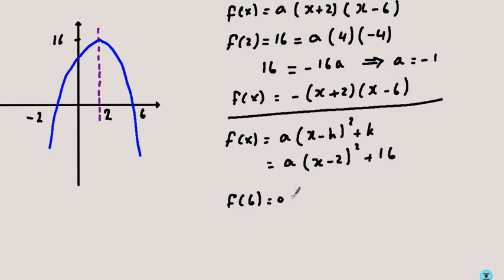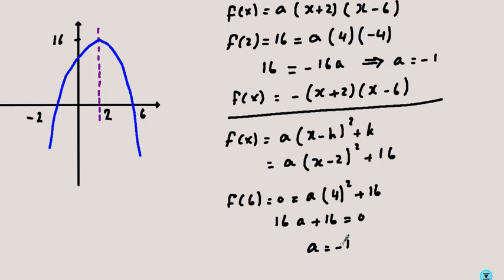So substituting 6 for x, we get a times 6 minus 2 is 4 squared plus 16. So this is 16a plus 16 equals 0. And obviously, a equals -1.